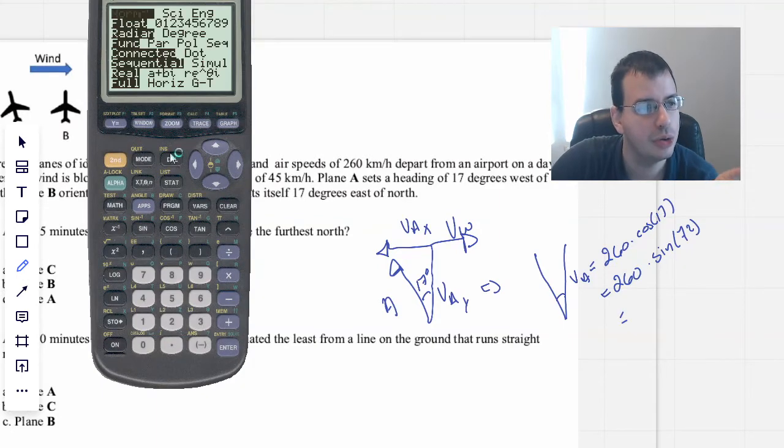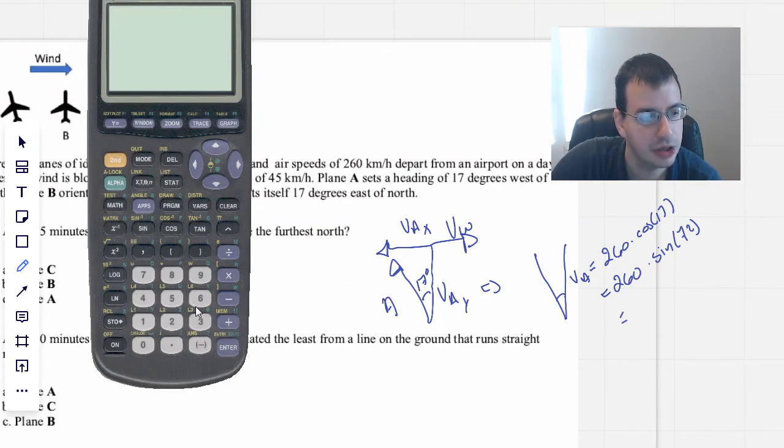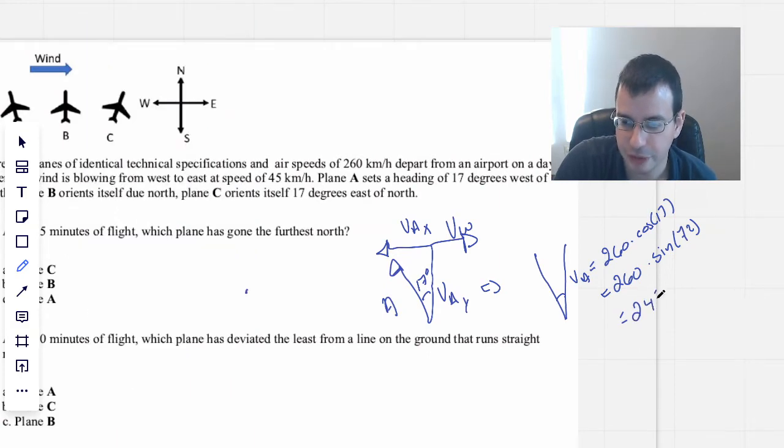Clear, mode, degrees. So we have 260 times cosine of 17. It's like 0.98, so 248.